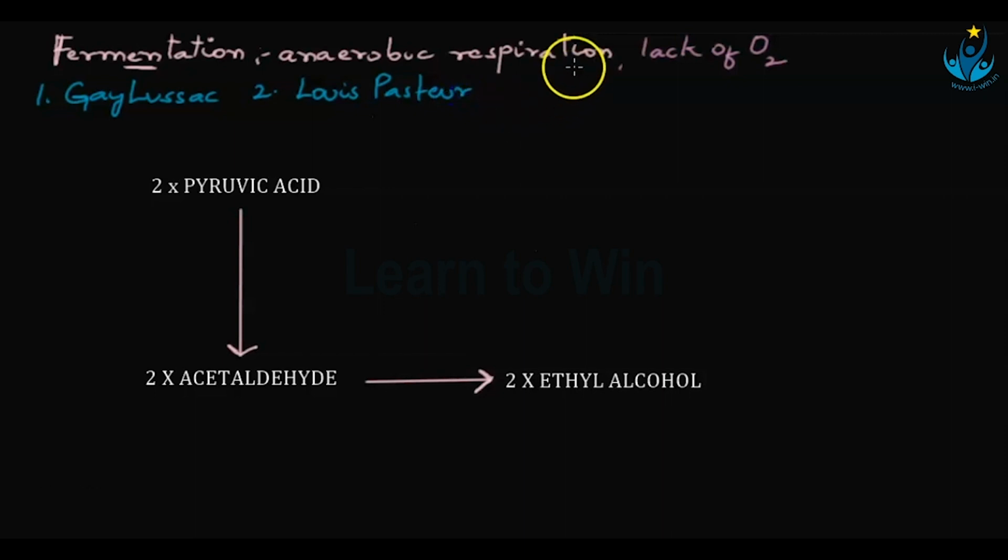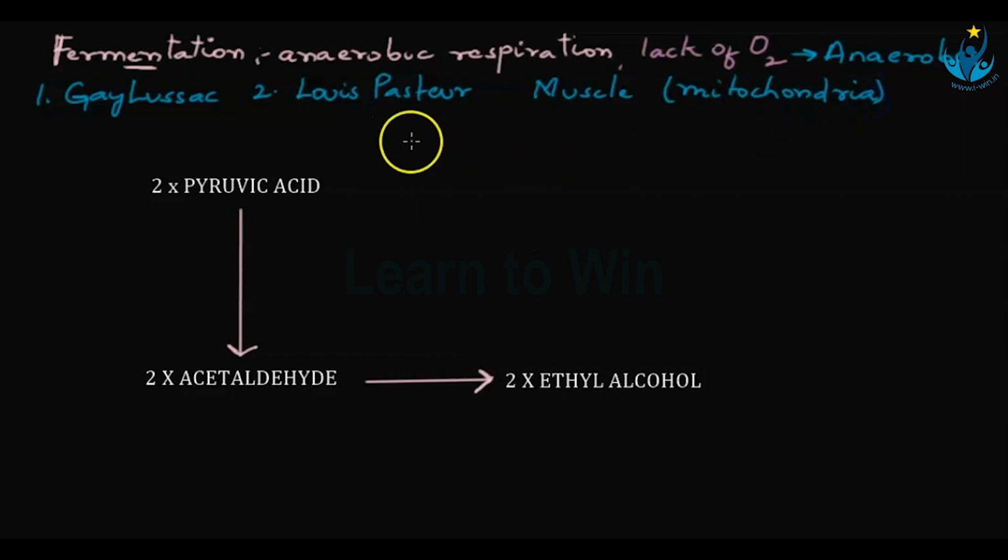Mostly this fermentation is seen in anaerobes because they survive without oxygen. But some structures like muscles, especially the mitochondria of the muscles in humans, also see this type of anaerobic respiration or fermentation, and we will see how.